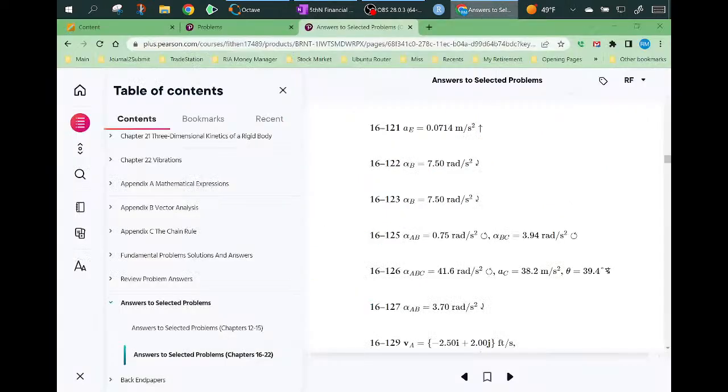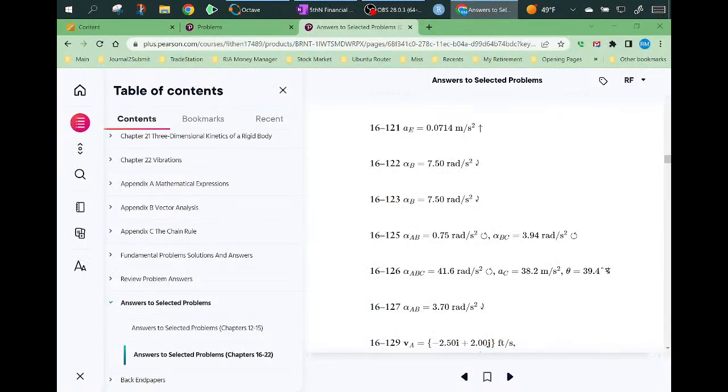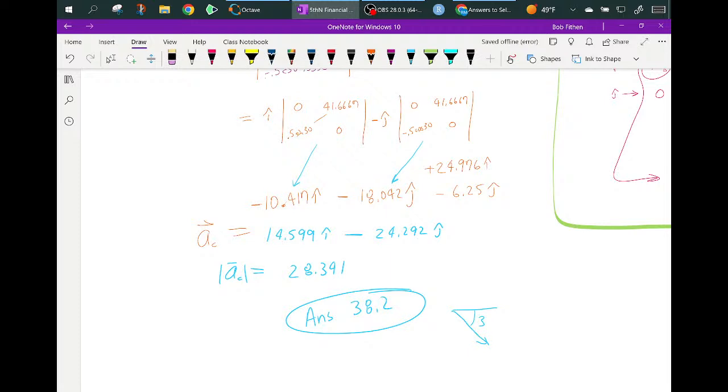He says 38.2. And the angle down to the right is 39.4. So this is what he claims the answer is. I have reached the point of exhaustion. So we will look at later. So I'm going to call it quits here.